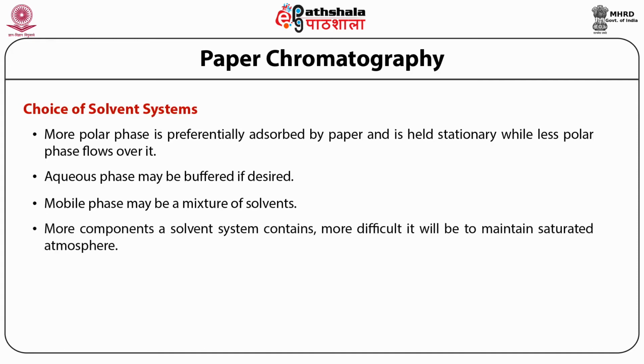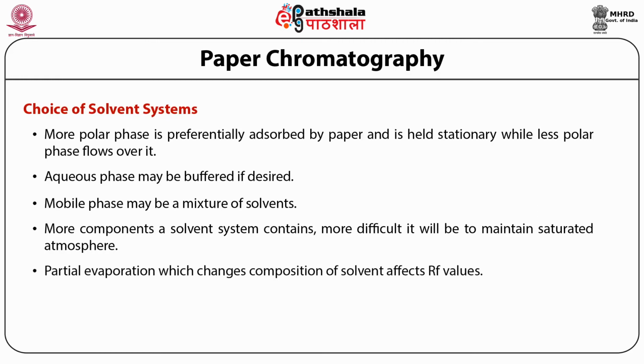The more components a solvent system contains, the more difficult it will be to maintain a saturated atmosphere in the chamber. Partial evaporation, which changes the composition of the solvent, will affect the RF value. Likewise, temperature change will be more critical in a mixed system.